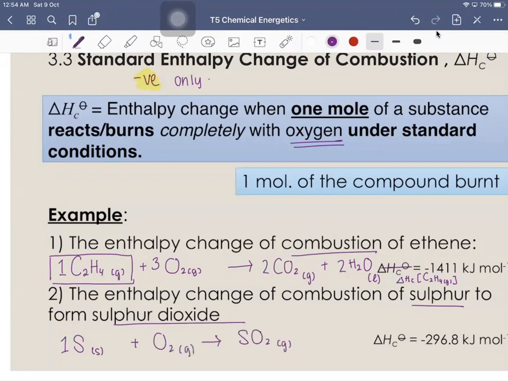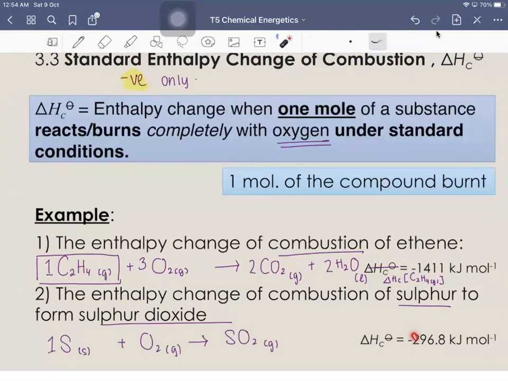Oxygen is a gas, and you can see the negative sign, this is because whenever you burn something with oxygen, you will release energy, you will give out energy, you will give out heat. Okay, so it is an exothermic reaction.